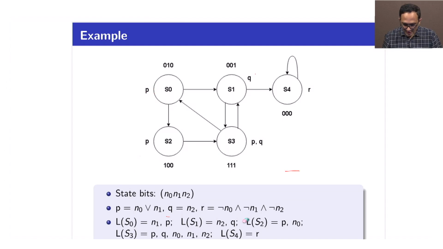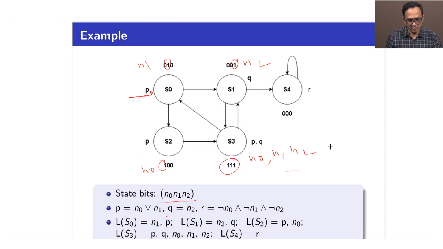So, let us now see the labels of a system. Say you have state bits n0, n1 and n2. Here n1 is true, here n2 is true, here n0 is true, here n0, n1 and n2 are true, and here none of them is true.